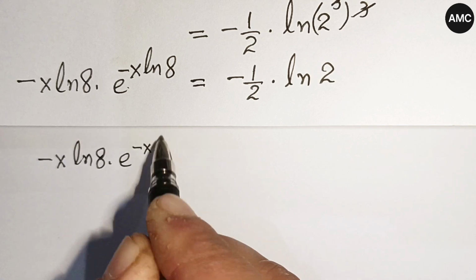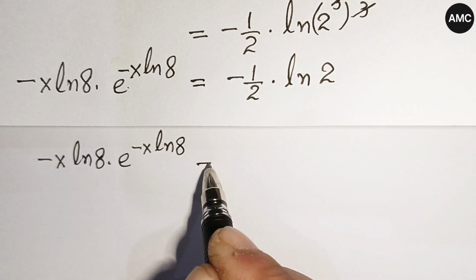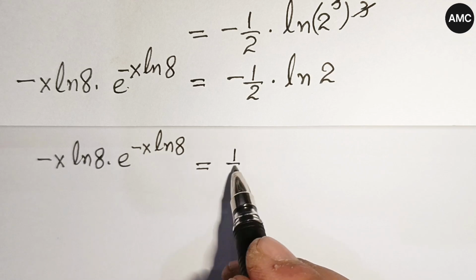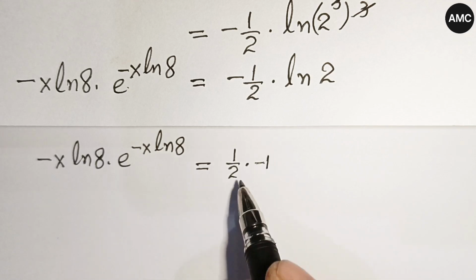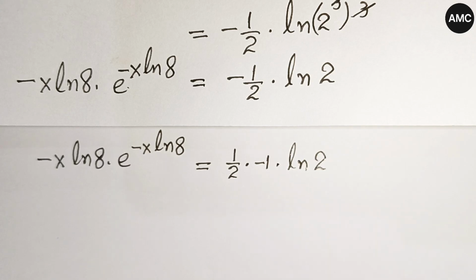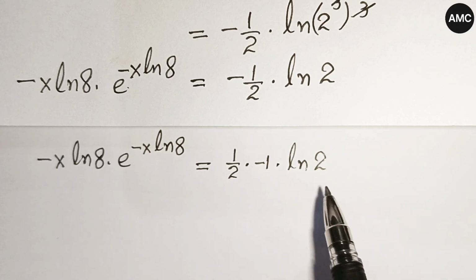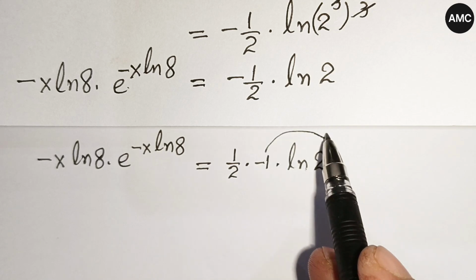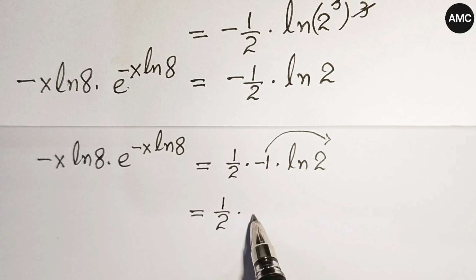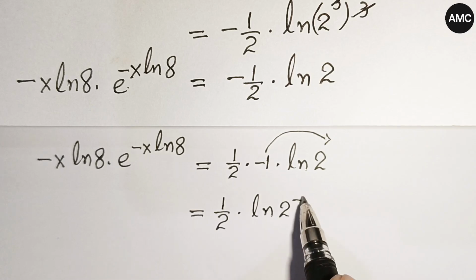Our next step: minus x natural log of 8 times e to the power minus x natural log of 8 is equal to, now this minus 1 over 2 can also be written as 1 over 2 times minus 1, which is minus 1 over 2, times natural log of 2. Now using the previous logarithm law, this minus 1 can be shifted here. So we have 1 over 2 times natural log of 2 to the power minus 1.